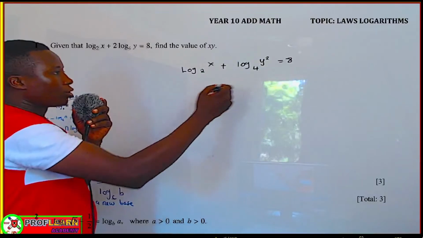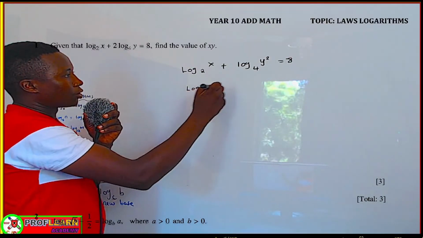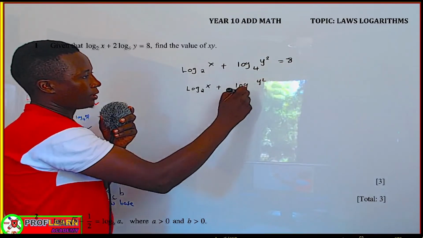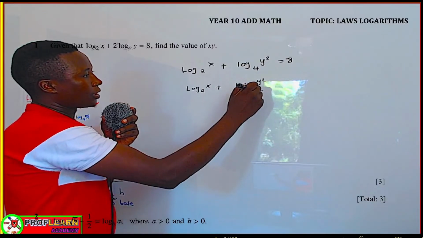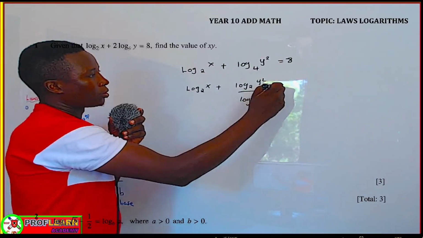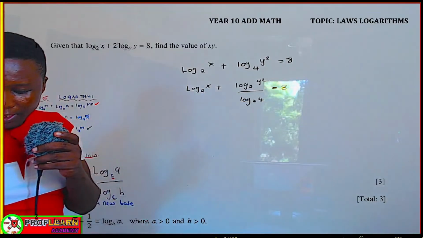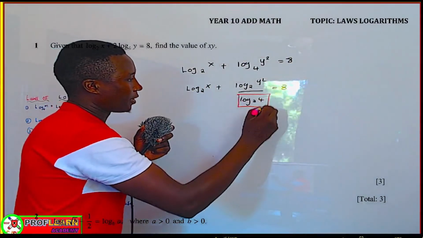So if we want to introduce a new base, we are going to say this is log of x base 2 plus log of y squared over log of 4. Then we shall introduce base 2 to this, equals 8. Once we have this, we can simplify the number that we have here further.